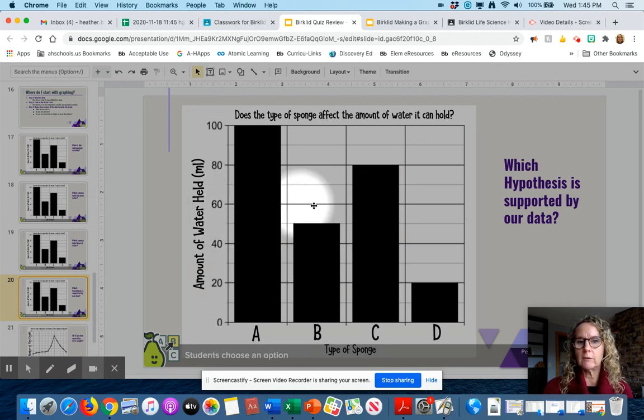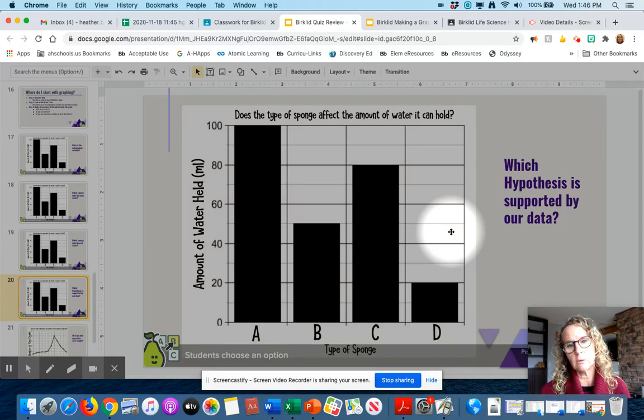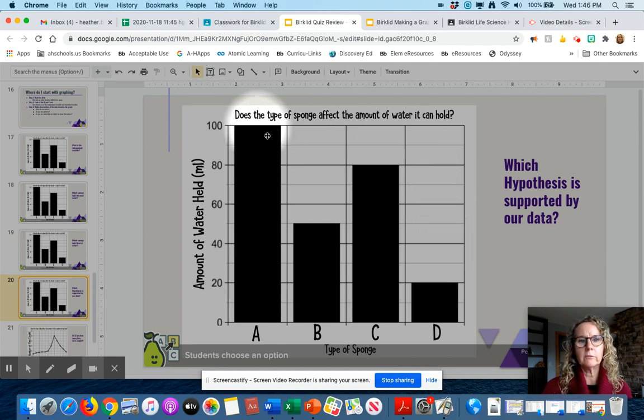If that were the case, then all of these bars would be exactly the same height. So let's say our H1 would read that sponge A can hold the most water, H2 would say sponge B can hold the most water, H3 would say sponge C can hold the most water, and H4 would say sponge D can hold the most water. So in this case, we would support hypothesis 1, which said that sponge A can hold the most water.